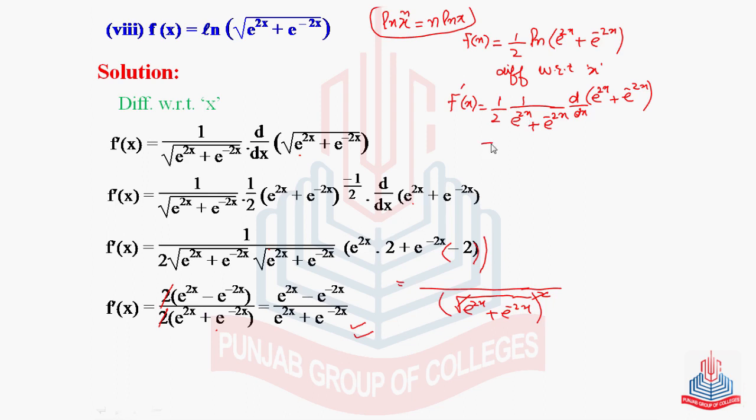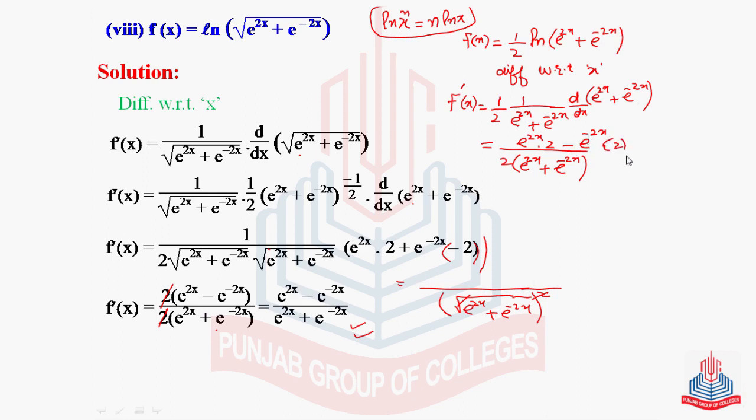So in denominator 2 times e^{2x} plus e^{-2x}, and in numerator derivative of e^{2x} will be e^{2x} times 2, e raised to the power minus 2x, and then derivative of minus 2x will be minus 2.